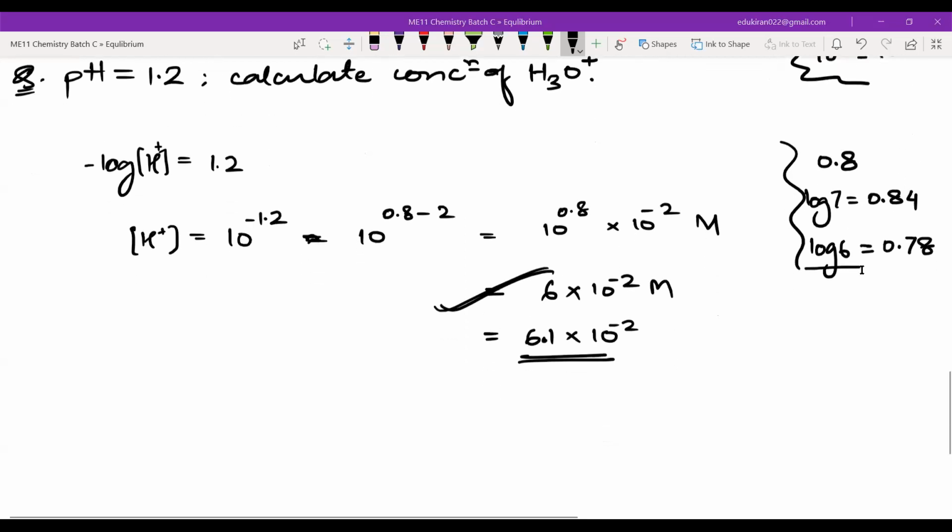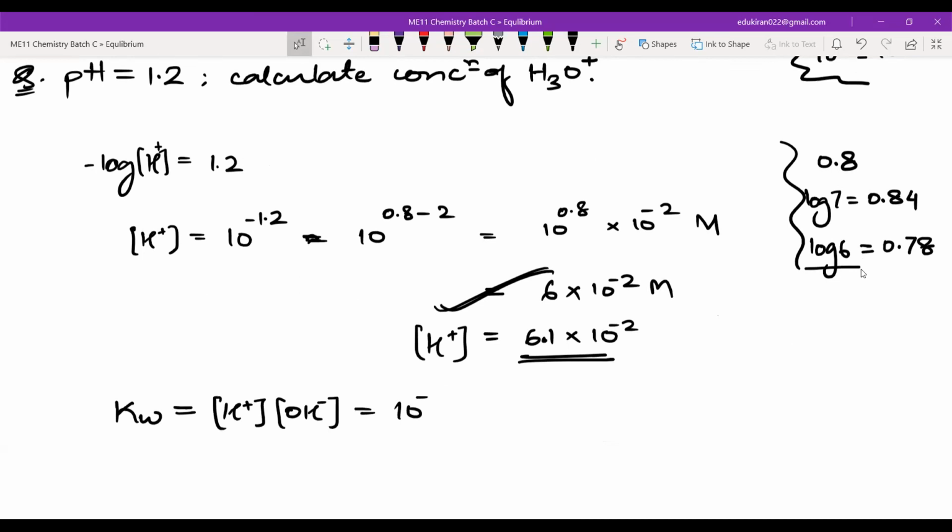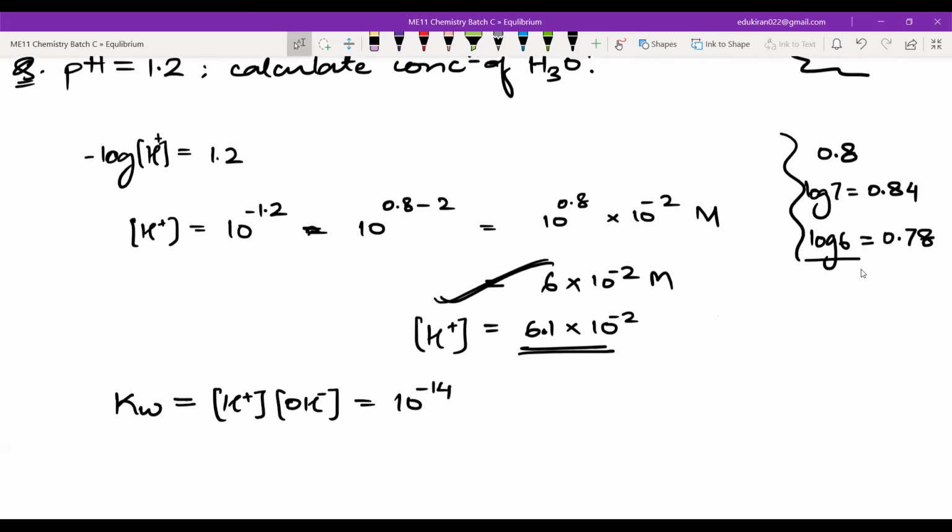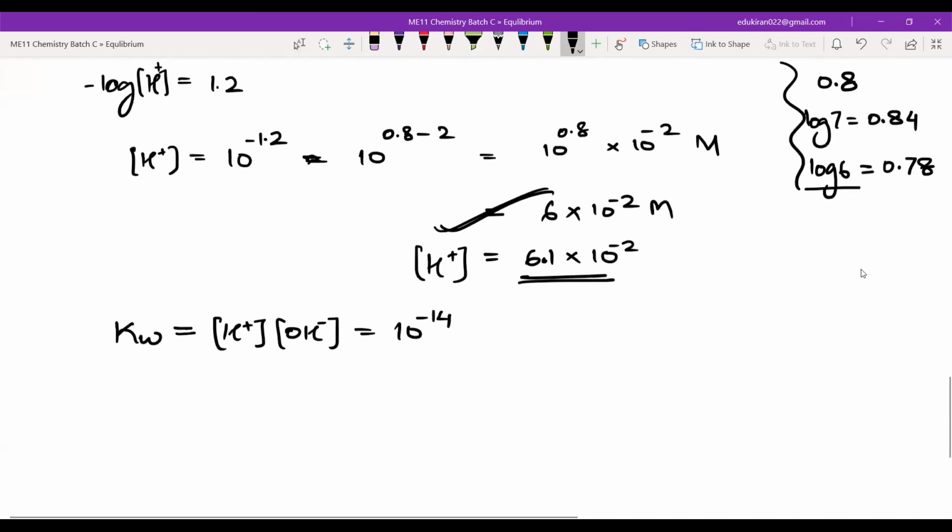Now, this is the concentration of H plus ions. We can also calculate the concentration of OH negative ions. How? We know that Kw is equal to the concentration of H plus into the concentration of OH negative, and Kw is equal to 10 to the power of minus 14. Hence the concentration of OH negative will be equal to 10 to the power of minus 14 divided by the concentration of H plus, which is 6.1 into 10 to the power minus 2.